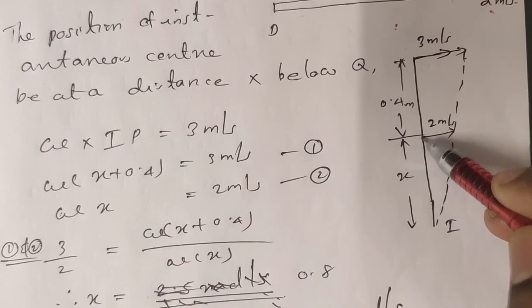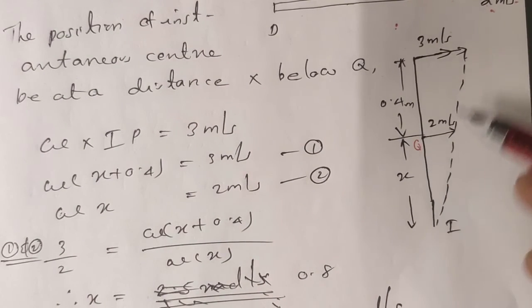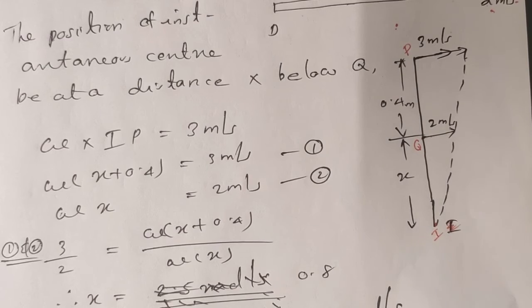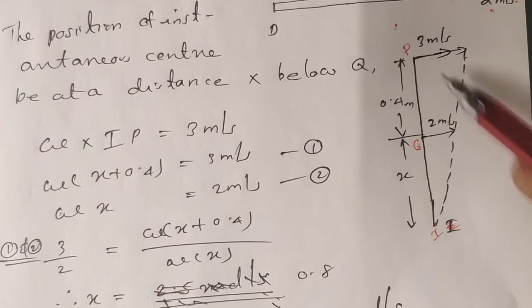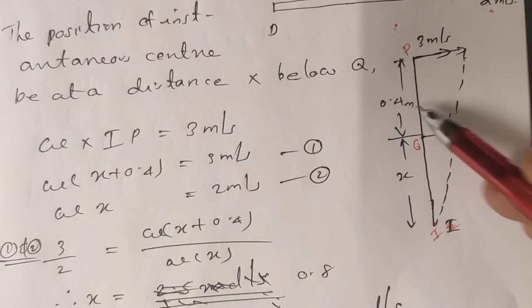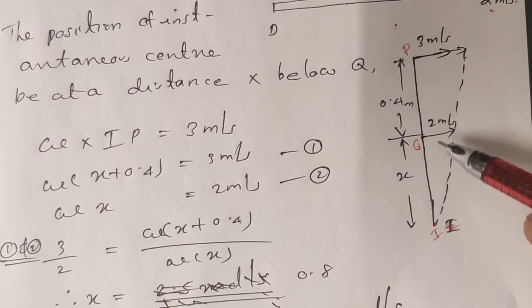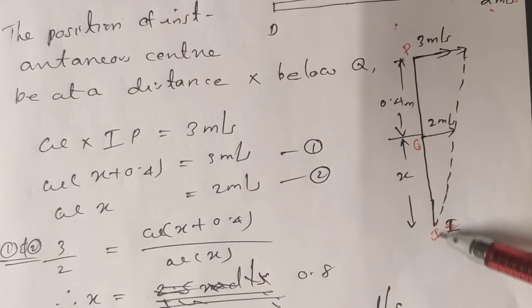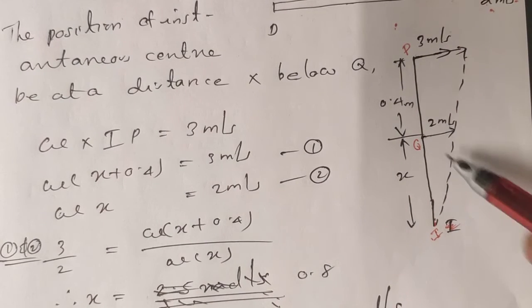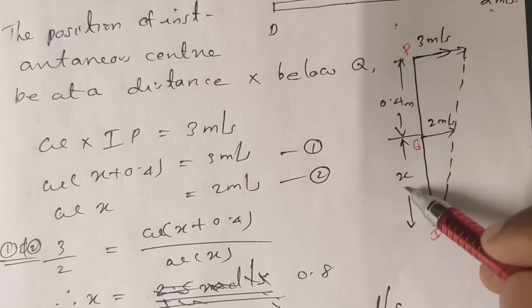This is the point Q and this is the point P. Then we call this I. The instantaneous center will be below Q, at some distance from Q to I, on the downside because both are in the same direction. The distance we call X.